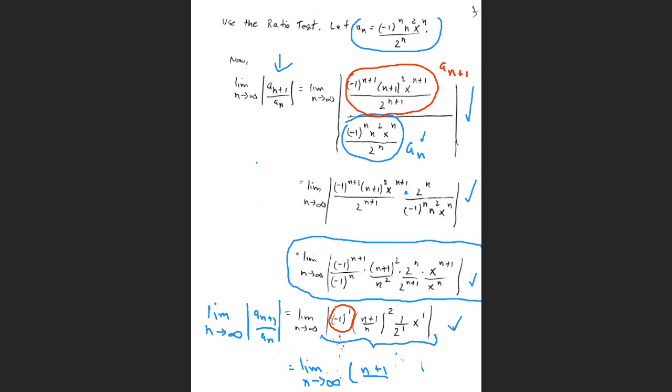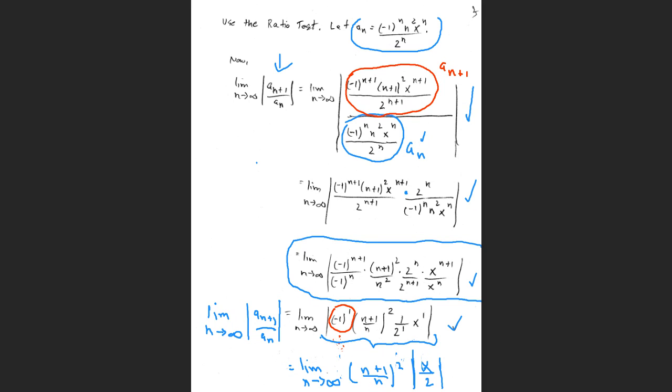Could I rewrite this limit like that? In other words, the n plus 1 divided by n quantity squared. Okay, Nathaniel, I brought that out in front of the absolute value.